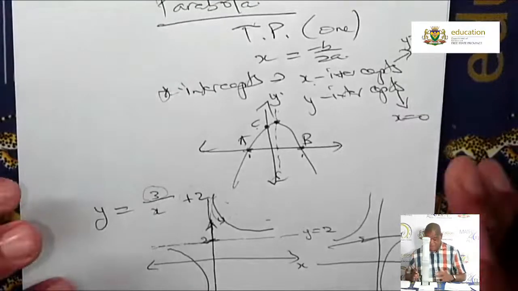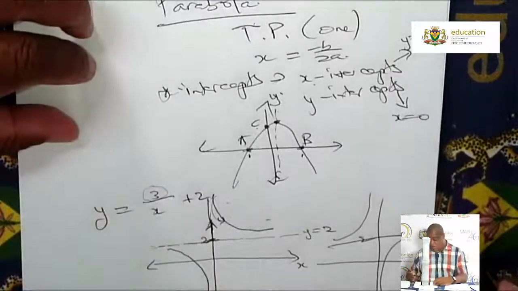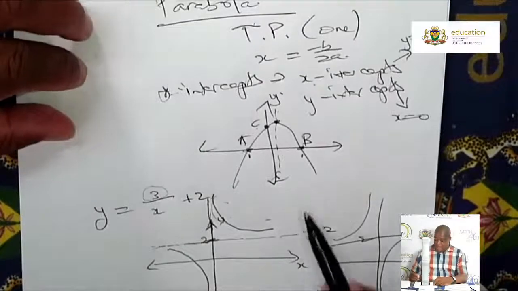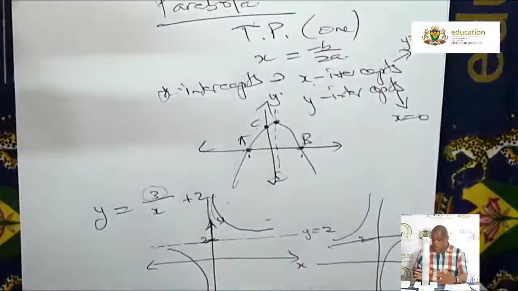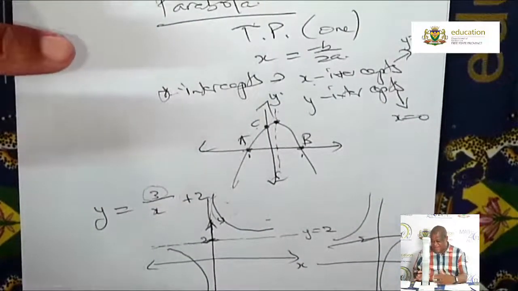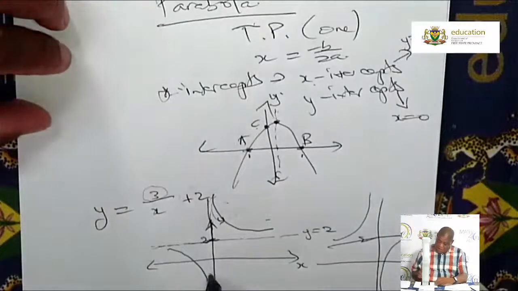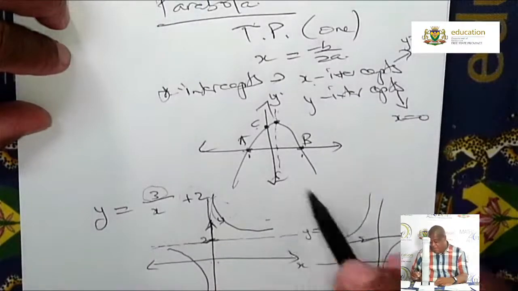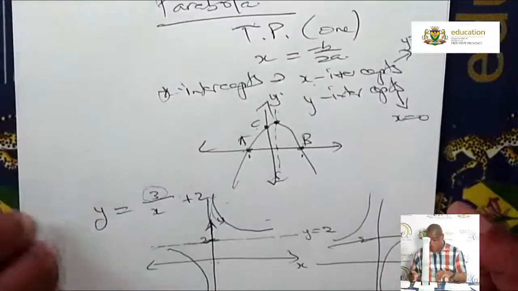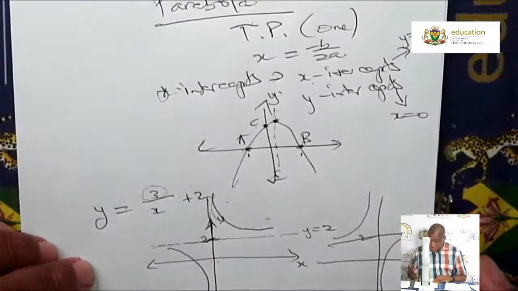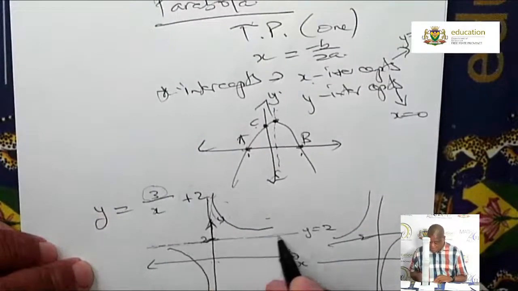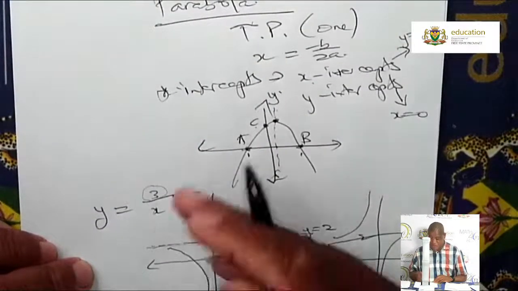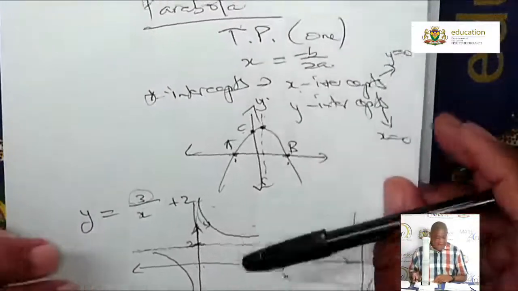It just depends on that. So we need to be careful when drawing our hyperbola, in terms of the quadrants formed by the asymptotes of the graph. But the first thing we draw, let it be your asymptote. Then it will be followed by the arm that you are going to use there.